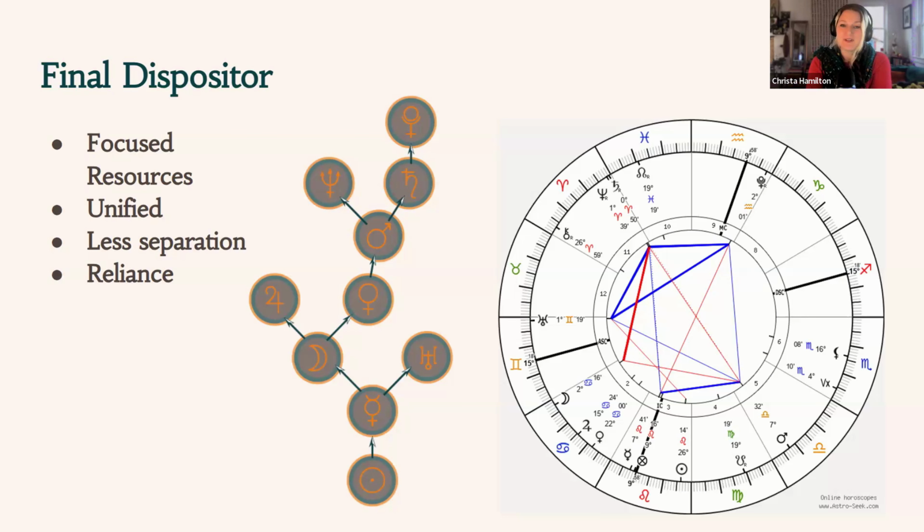And I think thinking about them in the visualization of a tree, like for this one, having that really strong taproot, if anything challenges that Leo in the third house, it can be devastating for the rest of your chart, the rest of your life. So it can be incredibly impactful when something challenges it.